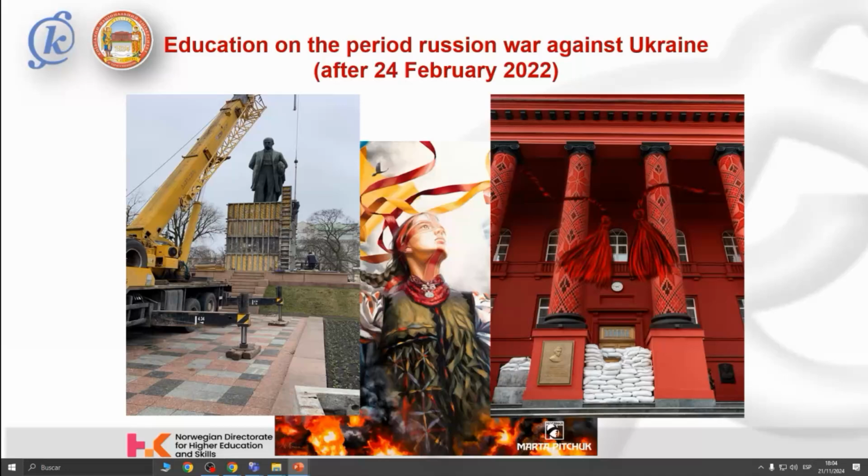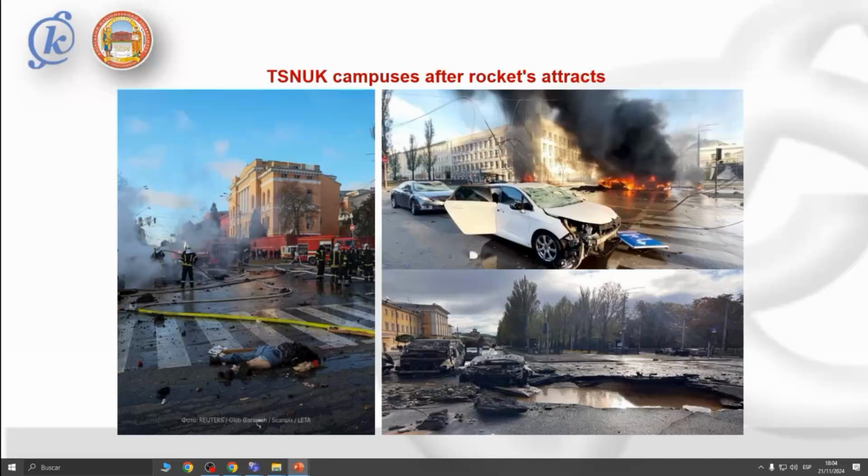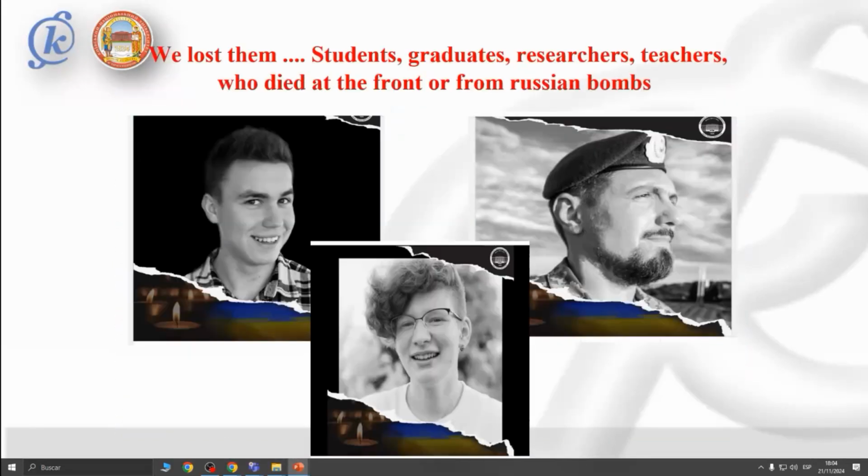Now, here is a picture from the period of the Russian war. You will see the monument of Taras Shevchenko was closed, and near a rebuilding we have special equipment, and there was an accident at our university, and our students also died.